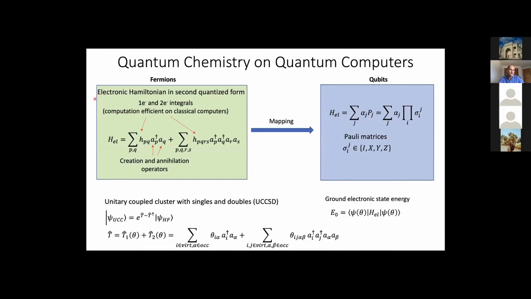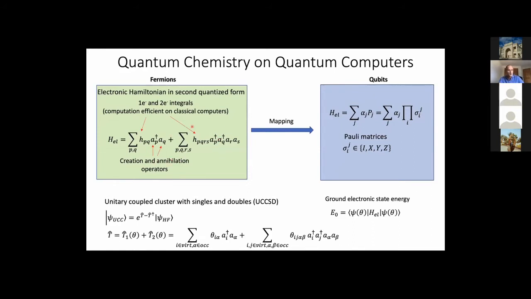We begin with the electronic Hamiltonian in the second quantized form, where here we have two terms. Here h_pq are the one-electron integrals, and h_pqrs are two-electron integrals, and a and a dagger are creation and annihilation operators.